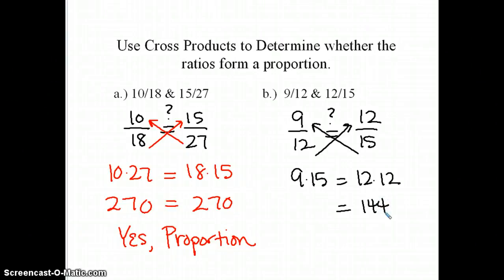Now, whenever I multiply by a number whose ones place is a 5, I recognize that the ones place has to be a 0 or a 5. So right away, I'm thinking that this cannot be a proportion. But I will do the math and figure out for sure what 9 times 15 is. 9 times 15 is 135. Just as I was guessing, I recognize that this is not a proportion. So I'll say no, not a proportion.